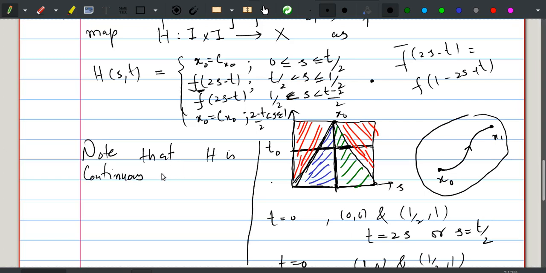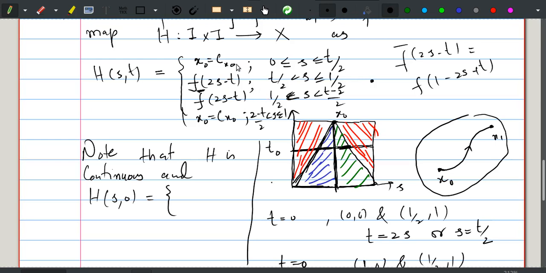And consider h of s, 0. When t is 0, that means this middle region vanishes and we get only this region and this region.